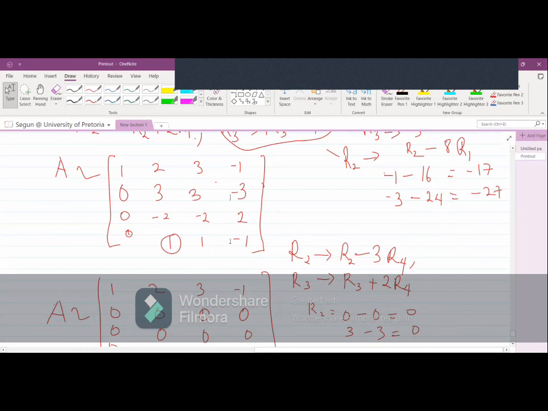You look for which one will give you the easier exit, which is 1, 1, 1, minus 1. Anything you multiply by 1 will give you the same number, right? And I know I need to eliminate 3. Nobody should tell you that you should multiply it by 3. That is what we did.